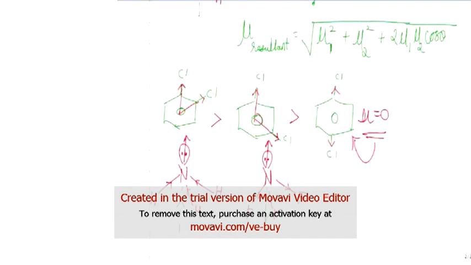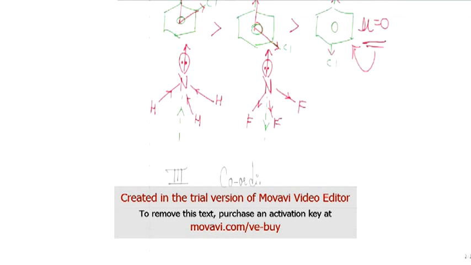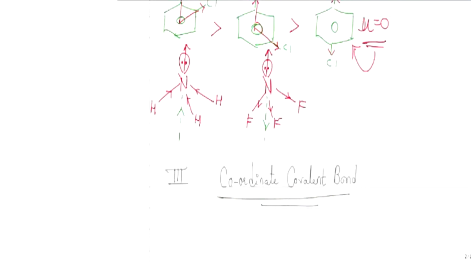The next we have is the third category of the bond, which is the coordinate covalent bond. The coordinate covalent bond is generally formed in a little different way than a regular covalent bond.